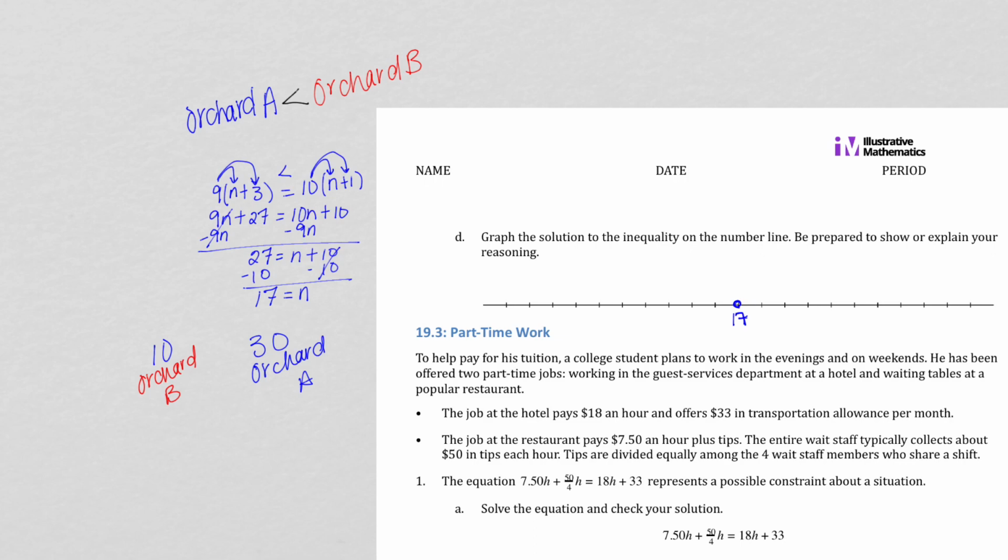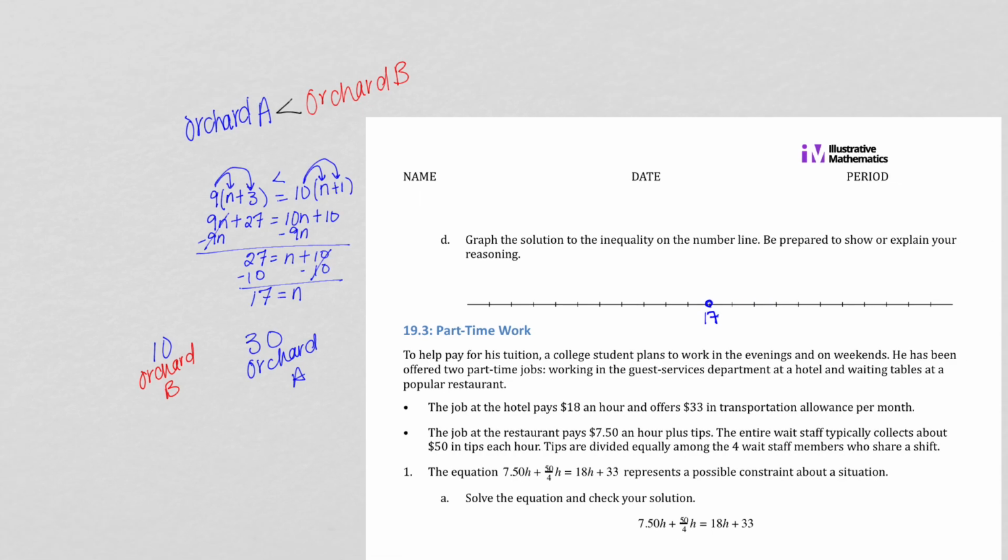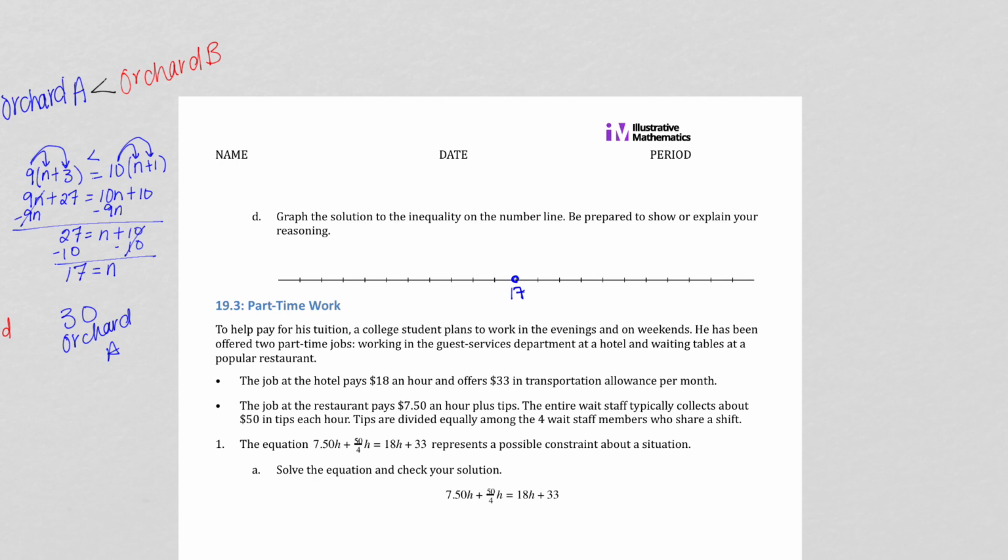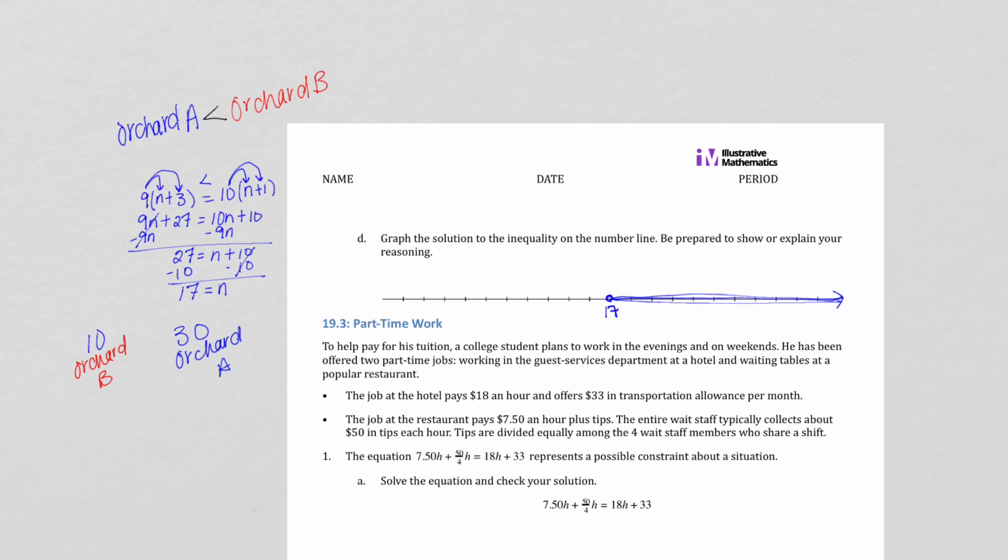So we want to go toward, let's see here, how do I want to do this? For orchard A to be less than orchard B, we need to go toward the right to make that inequality up there true. So orchard A will be less than orchard B from 17 students, not including that point.